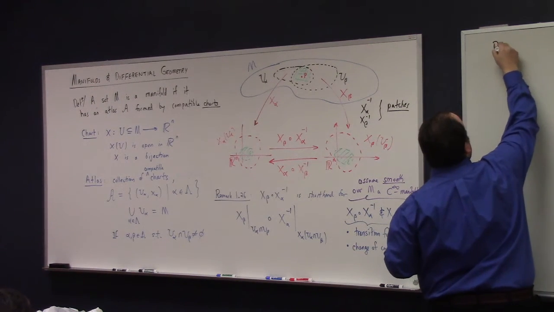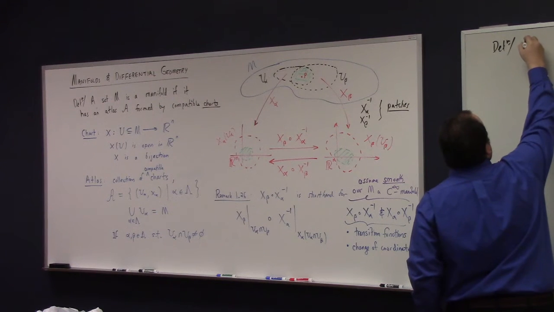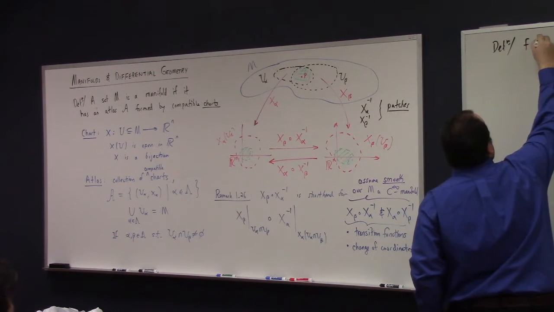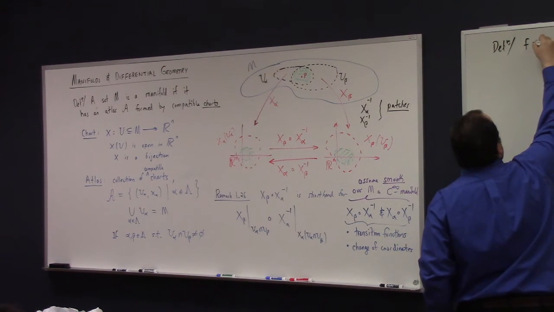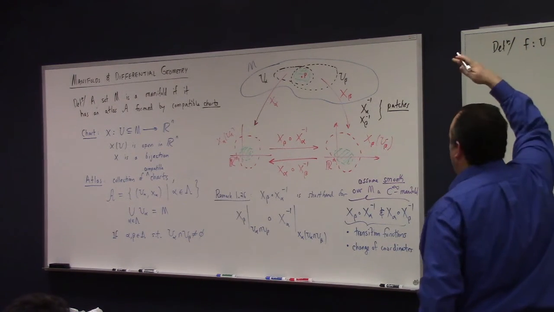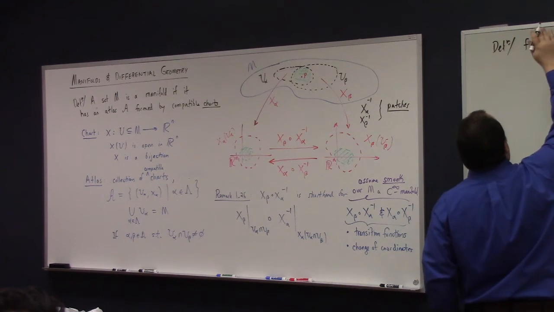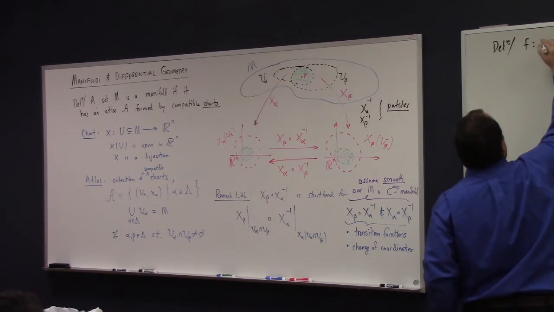Definition. If we have f from, let's say, u, I don't even want to use u because I'm using u as a chart domain here. Well, whatever, I'll use v instead. There, that makes it totally different, right?